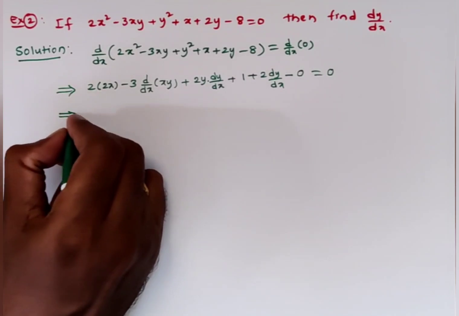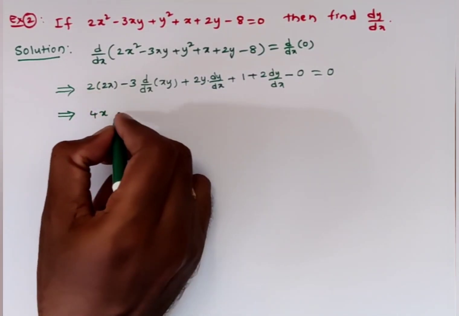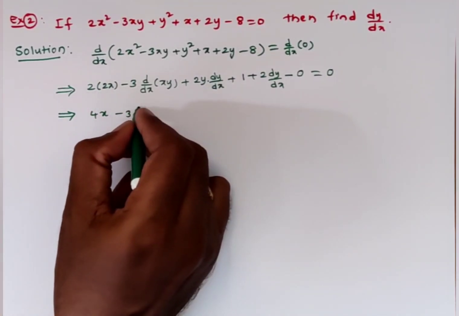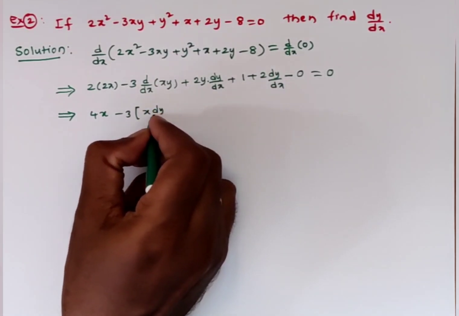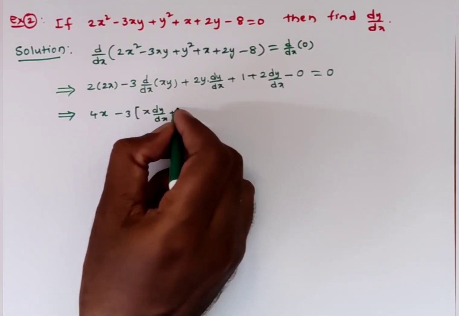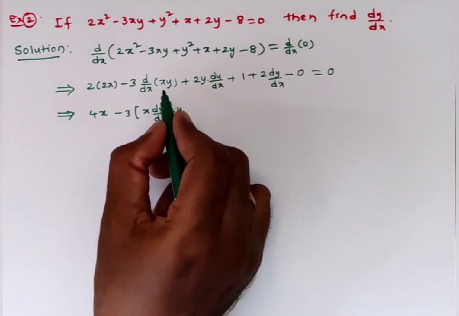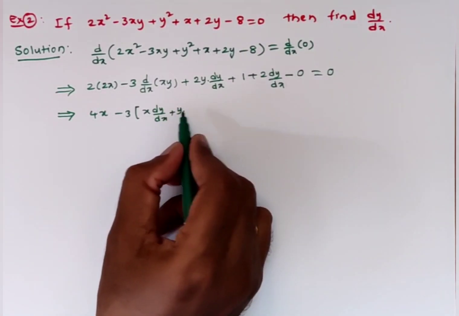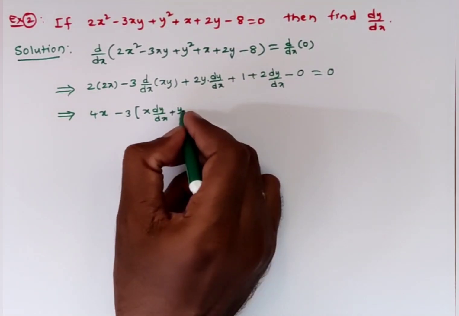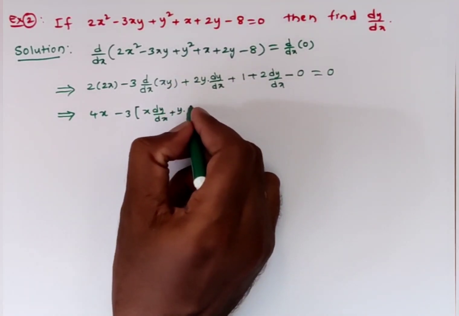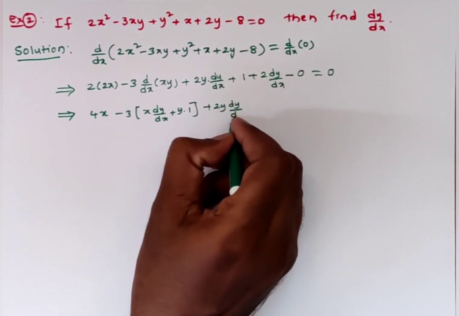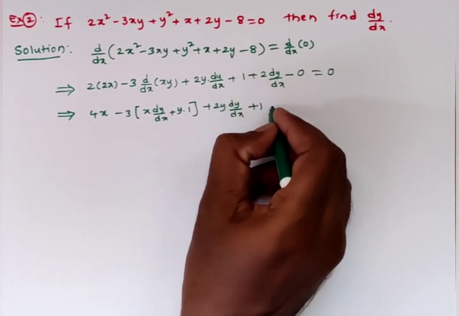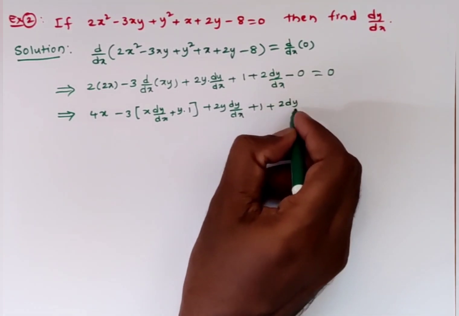Now this implies it is 4x minus 3 times, so u into dy by dx, it is x into dy by dx plus y into the derivative of x here, right? u into dv by dx plus v into du by dx, right? So v into the derivative of x is 1, plus 2y into dy by dx as it is, plus 1 plus 2 into dy by dx.